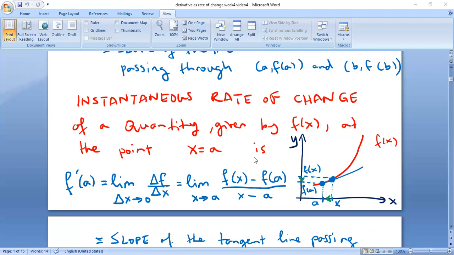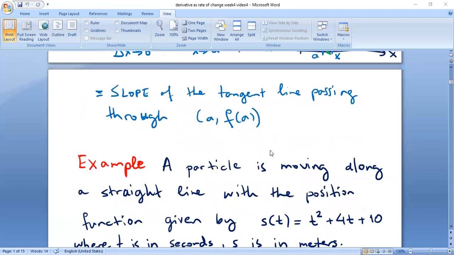Then the slope, which starts as an average rate of change, becomes the instantaneous rate of change. So the slope of the line between the two points becomes the slope of the tangent line, which can also be seen as the average rate of change becoming the instantaneous rate of change at the point (a, f of a).